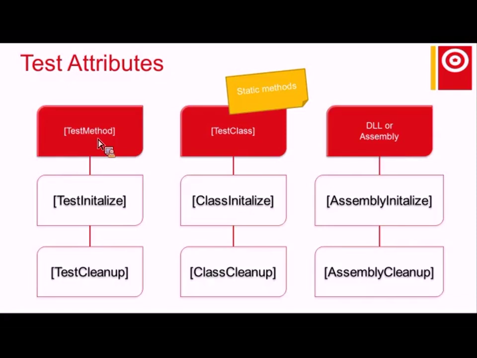Now, if we have two or more classes containing tests, then the order in which the class cleanup routines are called is not given, merely that they will be called after all the tests in their classes.